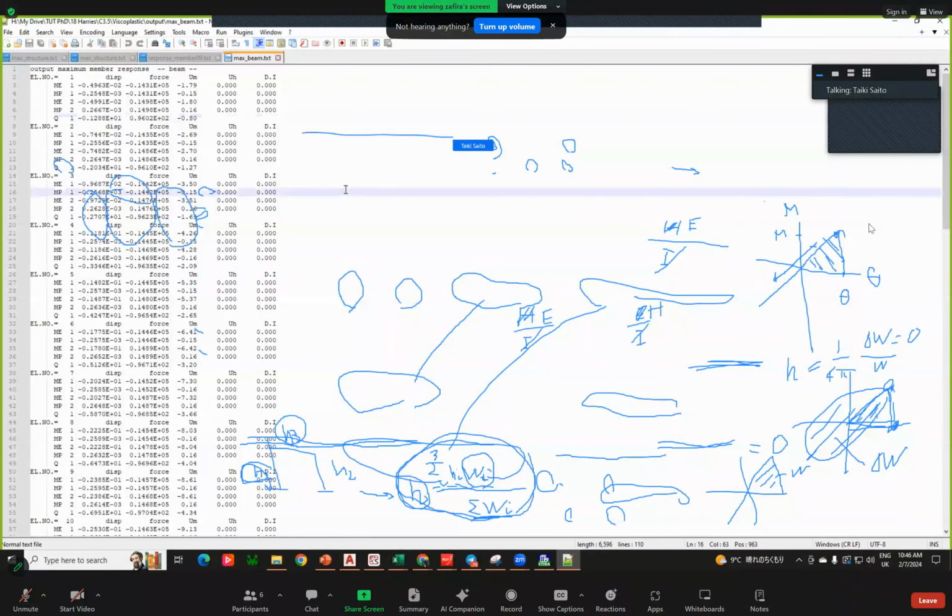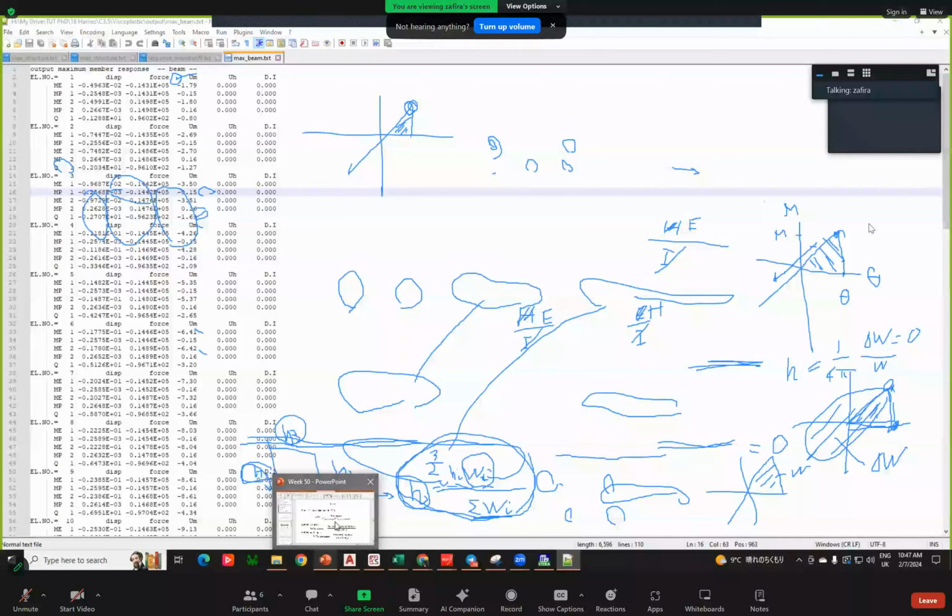This is the maximum point only, so you can get the potential energy. So I will add one more column to evaluate dissipated energy. I will do it this weekend. Okay, Sensei.